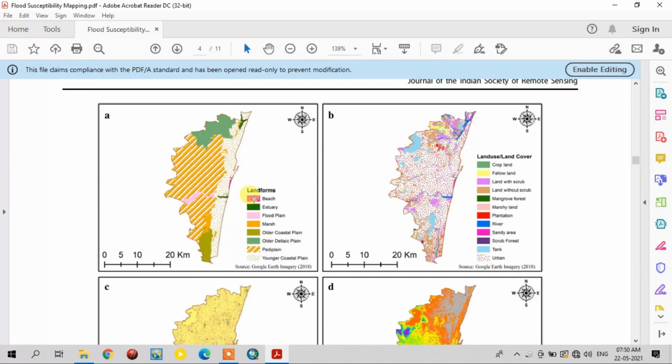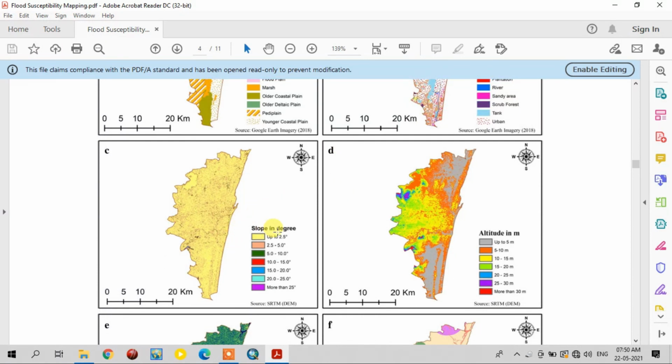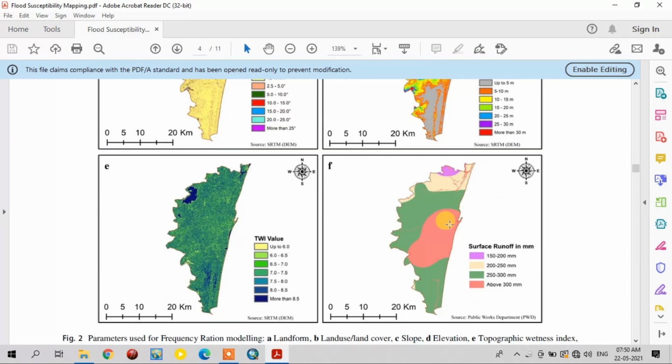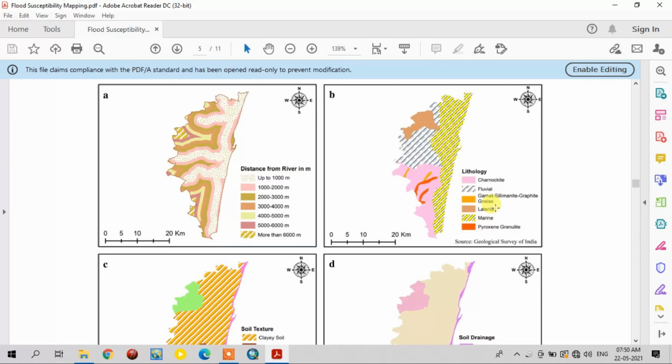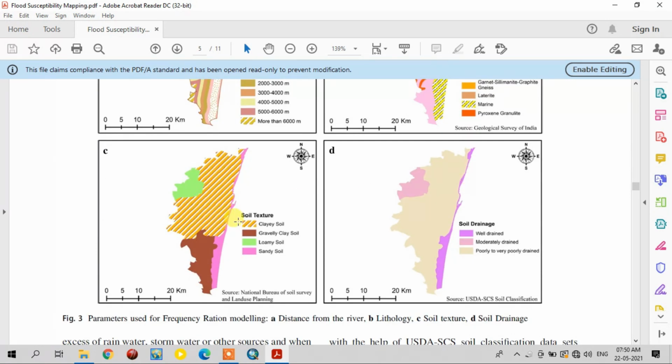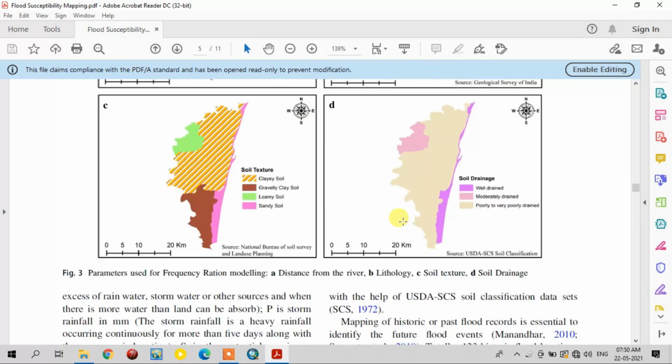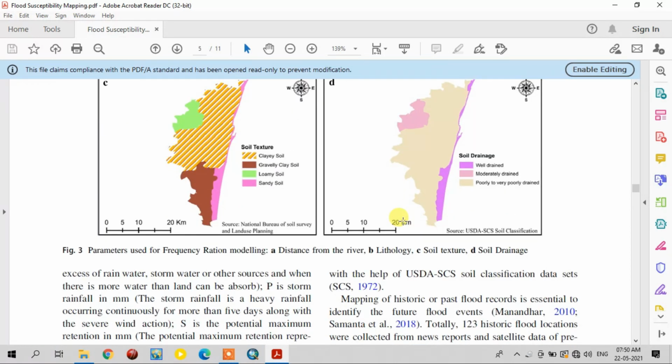See, the first one is the landform, the second one is land use land cover, third is slope, fourth is elevation, fifth is topographic wetness index, sixth is surface runoff, seventh is distance from river, eighth is lithology, ninth is soil texture, and 10th is soil drainage. These are all the 10 parameters I have used for this study.